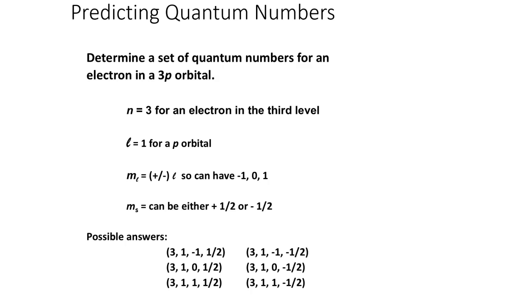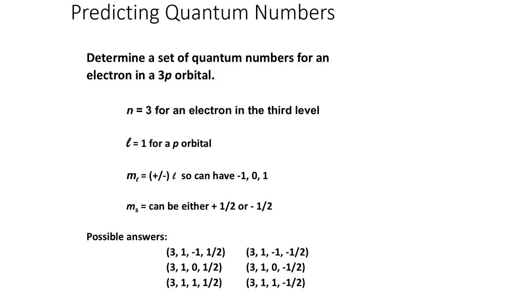We could narrow the possible answers by saying, for example, this particular electron has to have a positive 1/2 spin, in which case only the 3 answers in the left column would be possible. We could also narrow the possible correct answers by specifying the value of m sub L of the particular orbital where the electron resides.